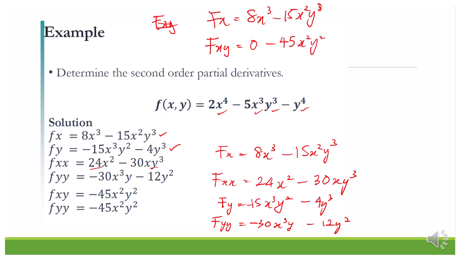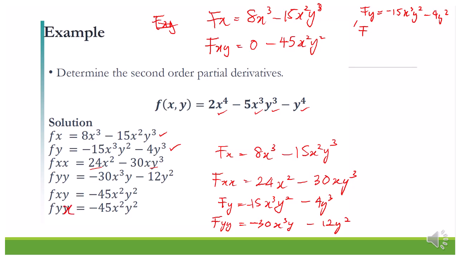Okay, and the last one will be, let's take fy, which is negative 15 x cubed y squared minus 4y squared. So when you do fy, sorry, this should be fx, huh?